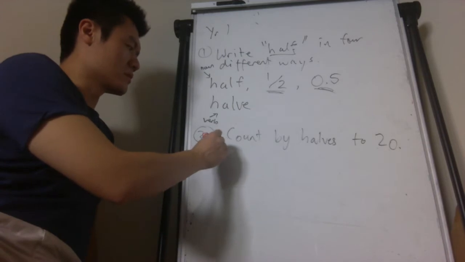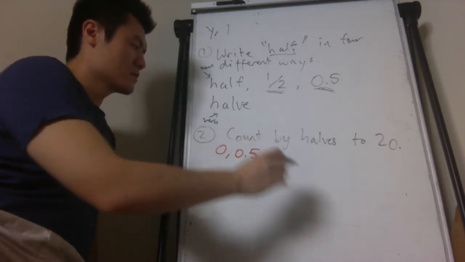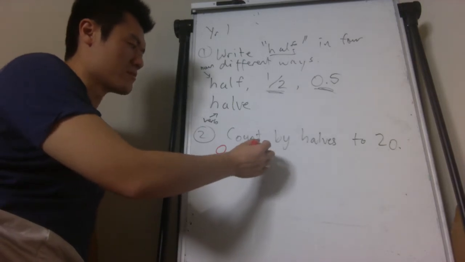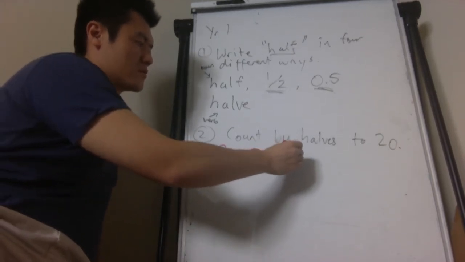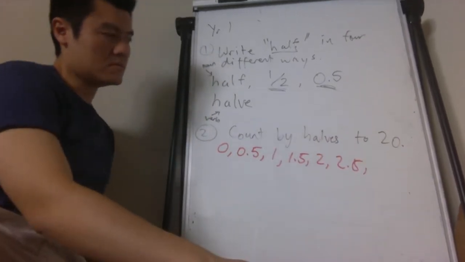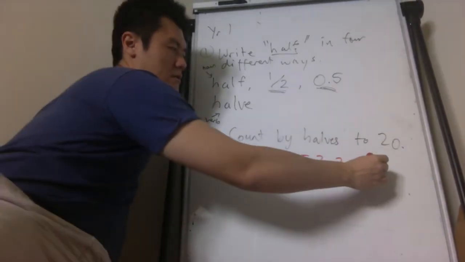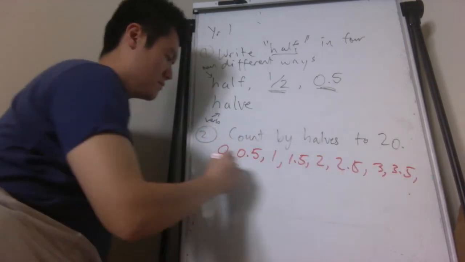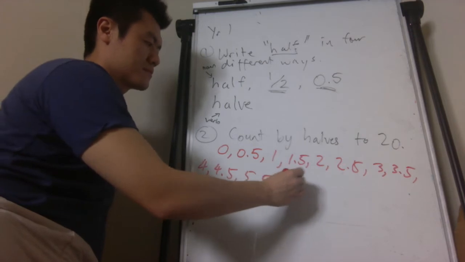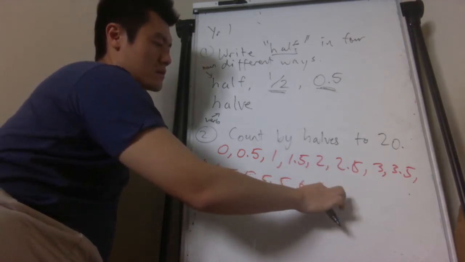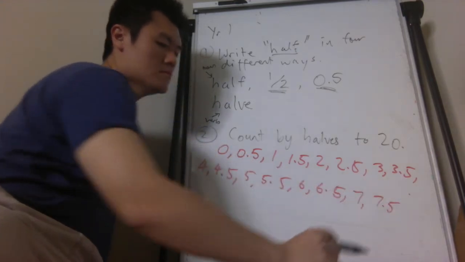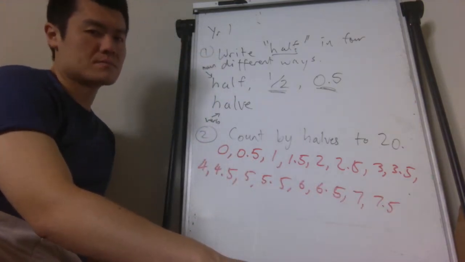You can actually do it with 0.5, right? So you have to actually go through and explain what this actually means. 1.5, 2.5, 3, 3.5, 4, 5, 6.5.